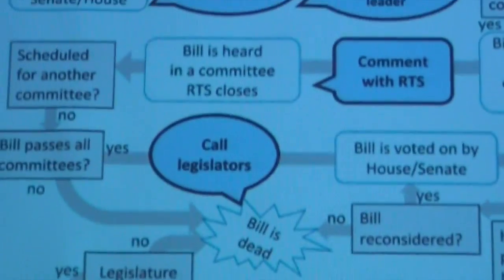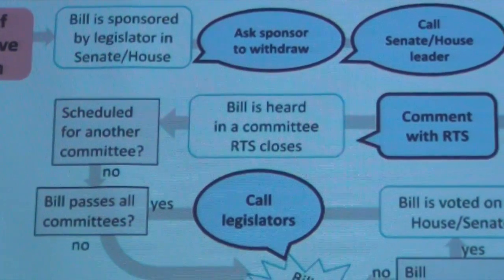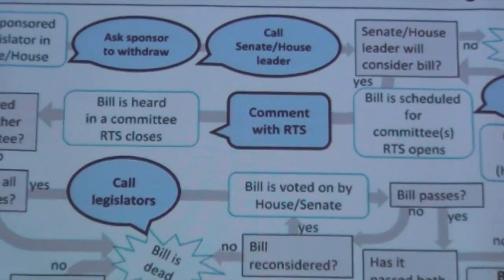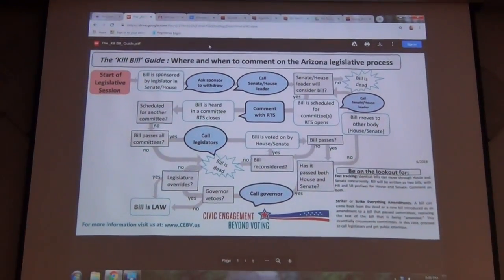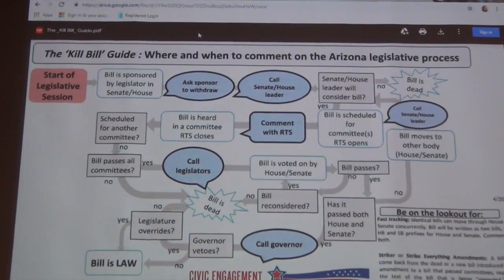But I want to bring your attention, so Greer talked about this, and I just want to take one more opportunity to say, right there about in the middle where it says comment with RTS. The bills go through, they get assigned to committee, and once it's scheduled for committee, that's when you can comment on it up until the committee votes.